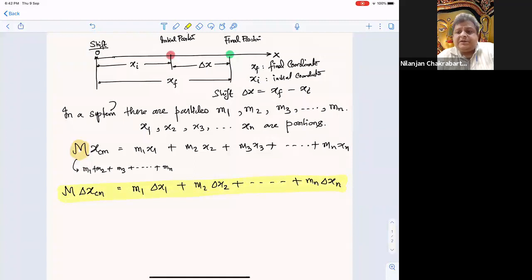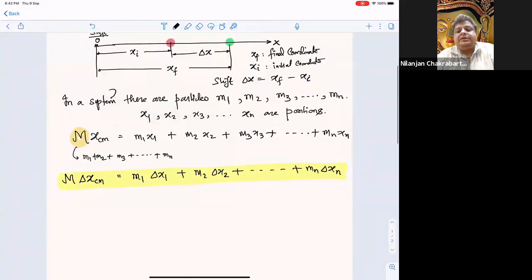Now, if the center of mass doesn't shift, then what will happen? Then the sum of all these terms on the right-hand side is zero: m1 delta x1 plus m2 delta x2 plus m3 delta x3 and so on sums to zero.